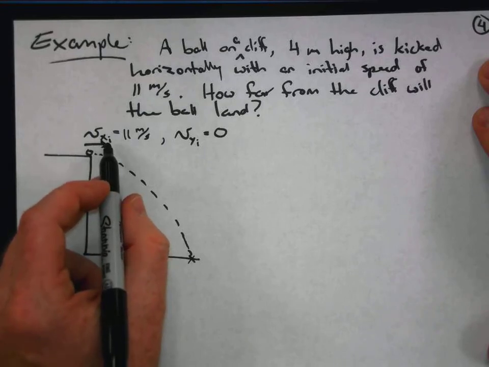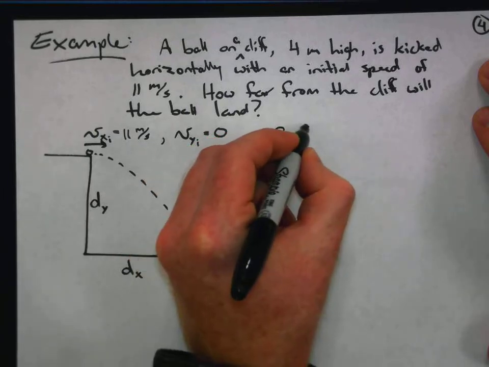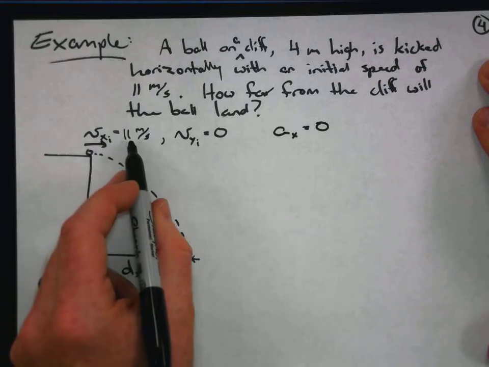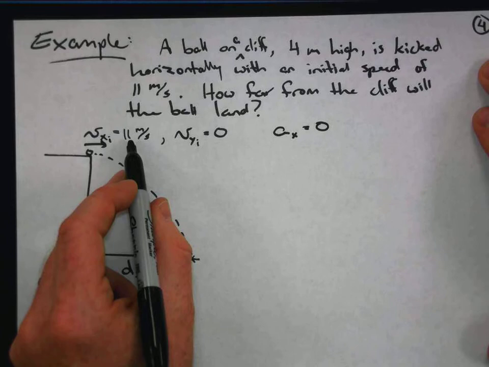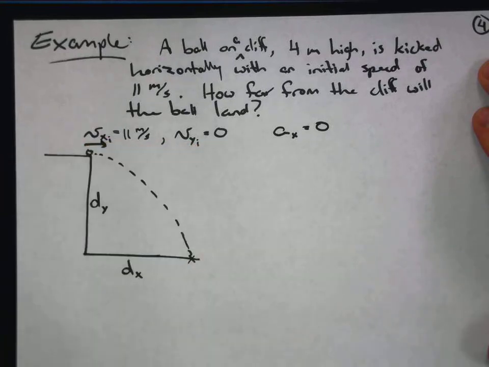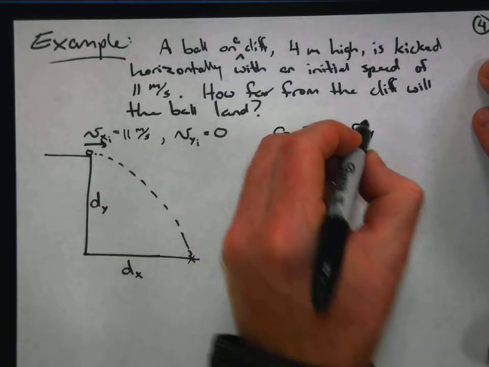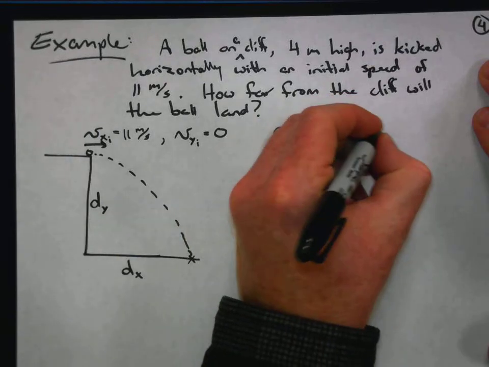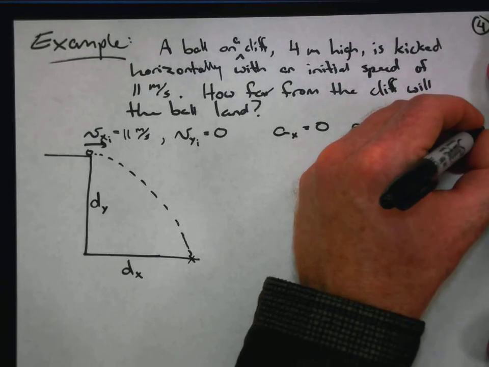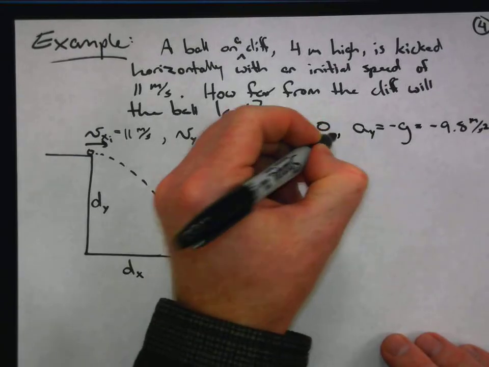The horizontal acceleration is 0, so this horizontal velocity will remain constant the whole way until it lands. The velocity as it goes to the side remains at constant speed. But my acceleration in the y direction, remember gravity, is negative g, so negative 9.8 meters per second squared. There's some important facts to keep in mind.